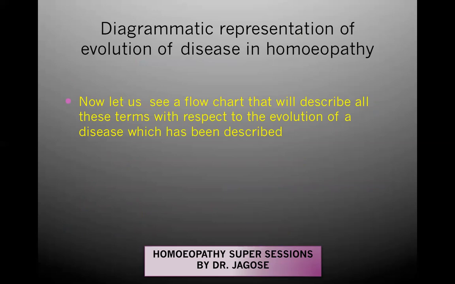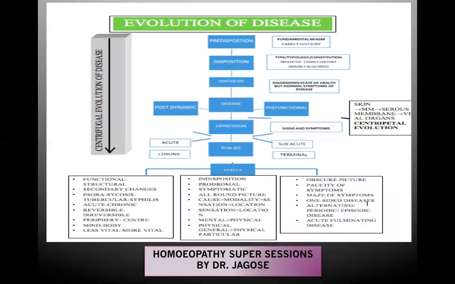So this is a chart which I made. You all can see it carefully and see the evolution of the disease. As I've told you, I described various terminologies like predisposition, disposition, diathesis, disease, expression, phases, and the levels. The levels I haven't described in this video; it will be in the subsequent video. The predisposition is nothing but the fundamental miasm obtained from the family history.